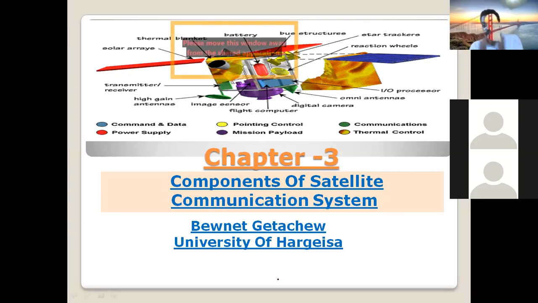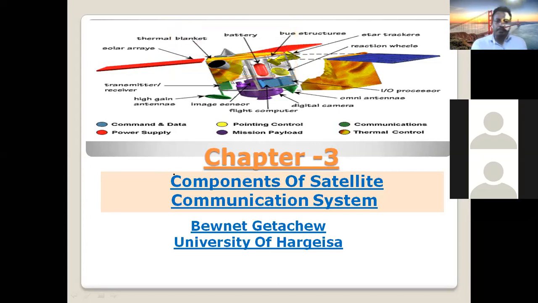First, the payload part of the space segment. What is the payload part of the space segment? The communication equipment in space, like antennas, transponders. We'll discuss that first. Next, we'll come to the other segment, we call it ground segment, components, equipment on the ground.